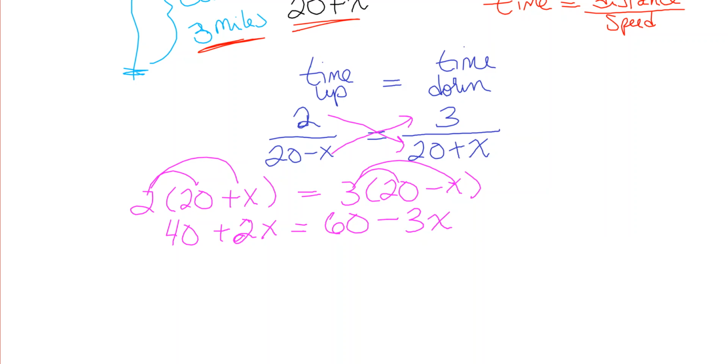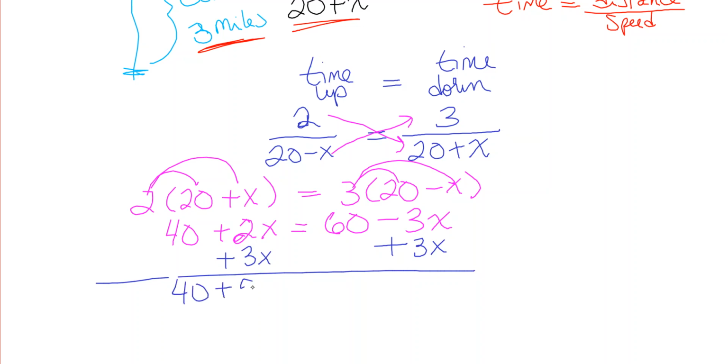I like positivity, so I'm going to make my moves so that my stuff remains positive, and then I don't have to worry about negatives. So I'm going to add 3x to both sides to collect my x's on the other side. So over here I'll get 40 plus 5x is equal to 60, because 3x minus 3x will be no x's. And then I'm going to subtract 40 from both sides.